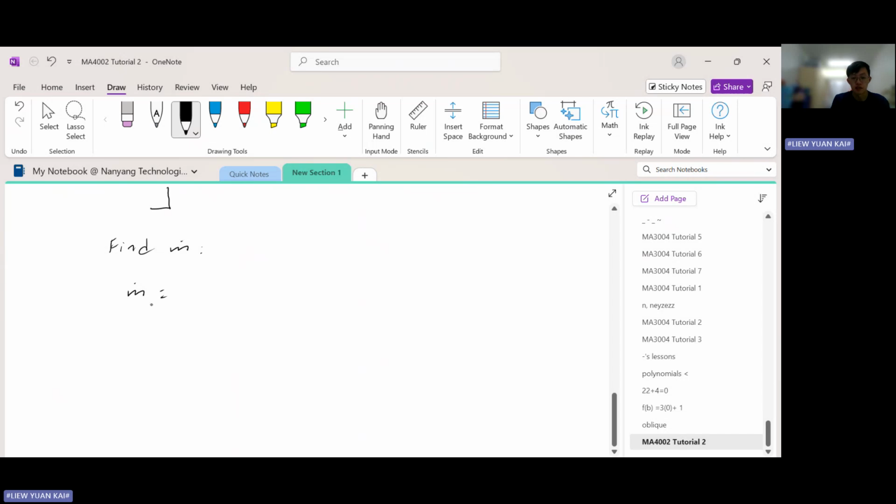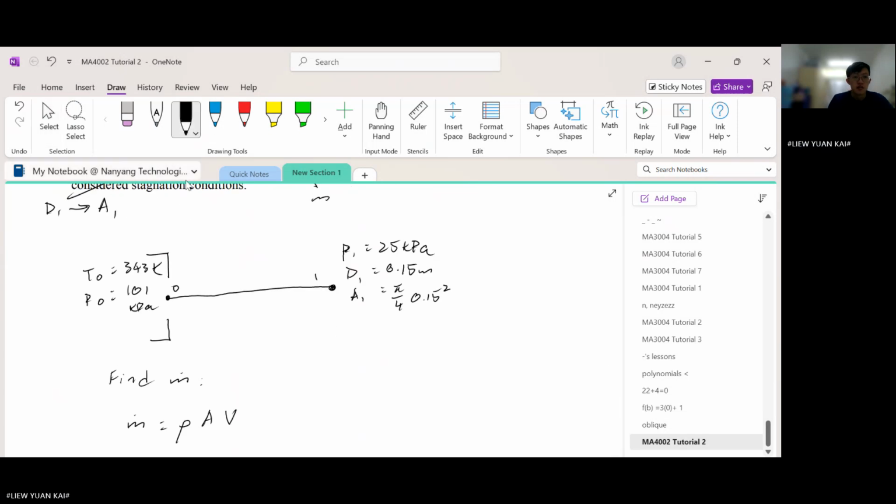All of us know that mass flow rate is given by density times volume flow rate, and volume flow rate is given by area times velocity. So we will use point 1 to calculate the mass flow rate. We cannot use point 0, because the velocity here is 0, and if the velocity is 0, then the mass flow rate is 0.